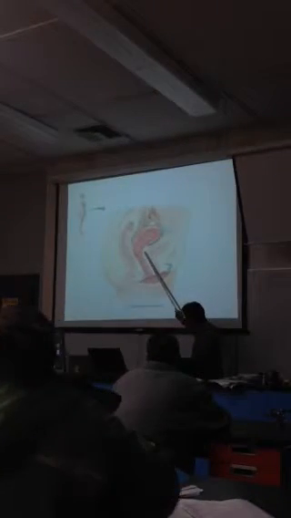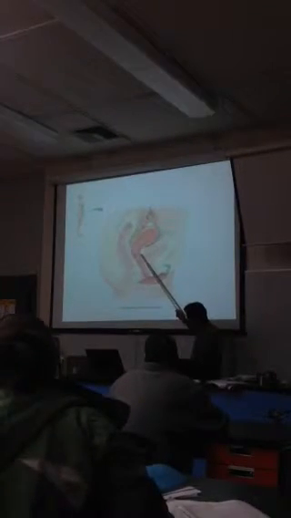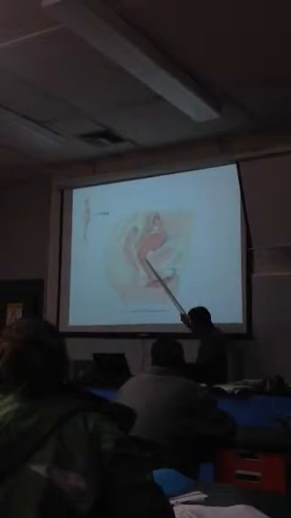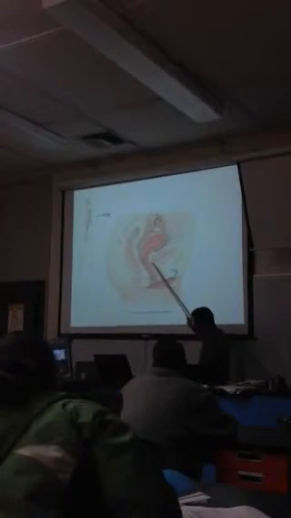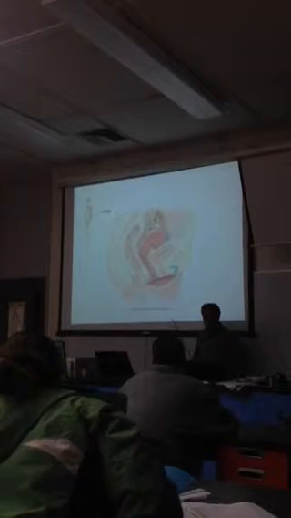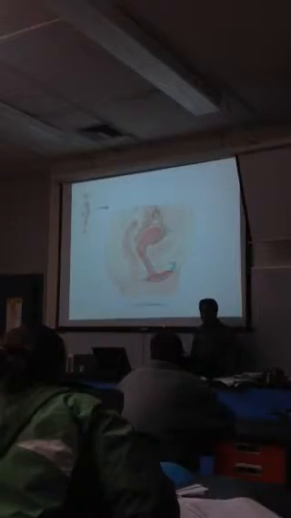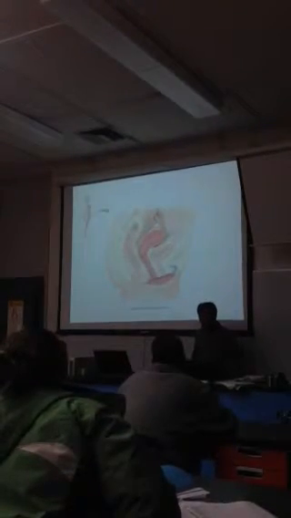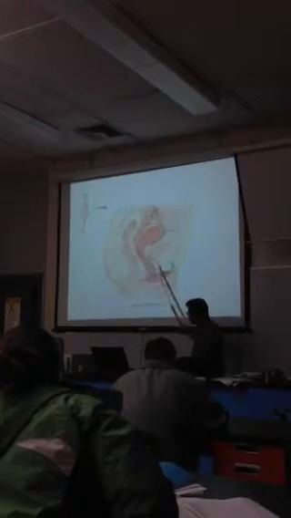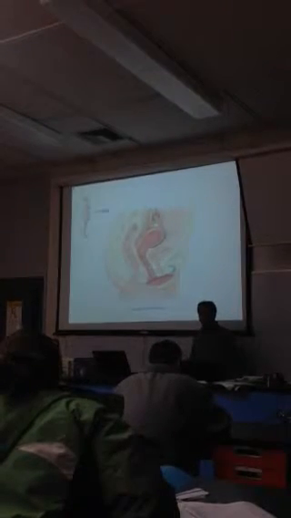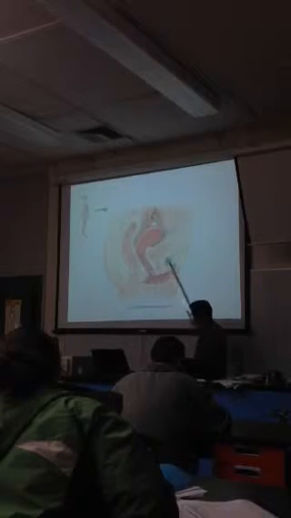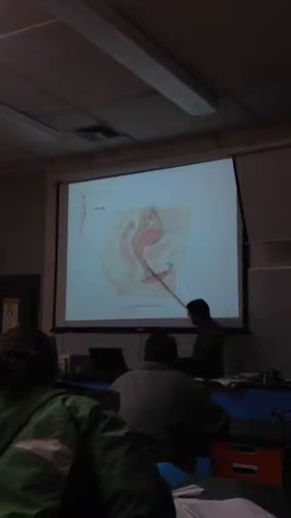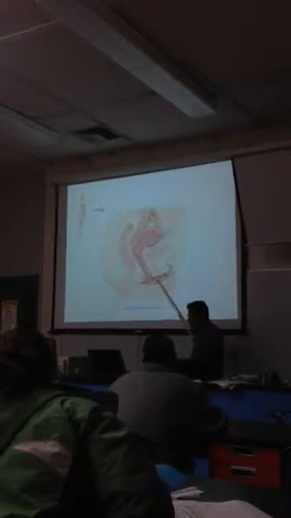So what happens, there will be an opening between the uterus or upper part of vagina and the urinary bladder. So that is called cystocele. Cystocele is one of the complications of prolonged labor. So what happens? The urine will dribble through the vagina.